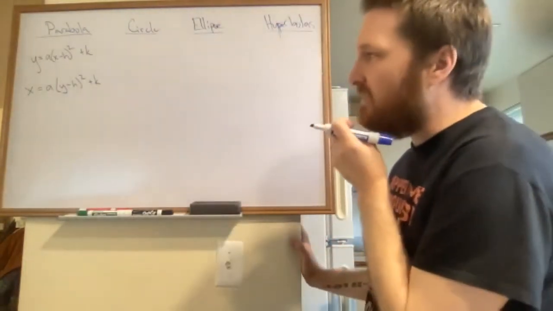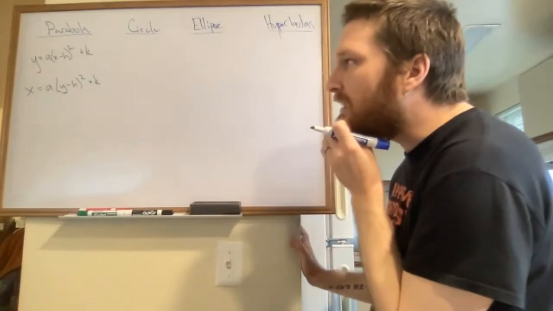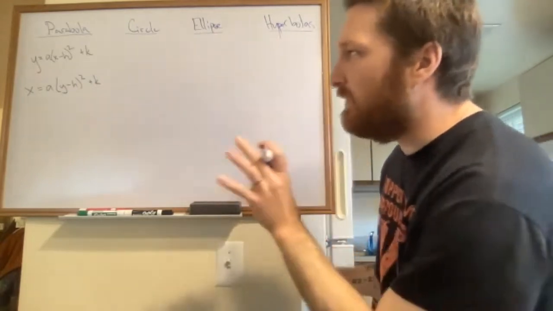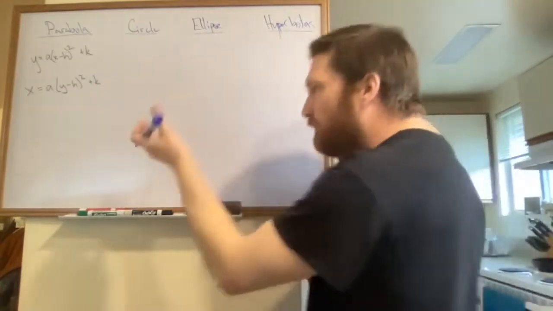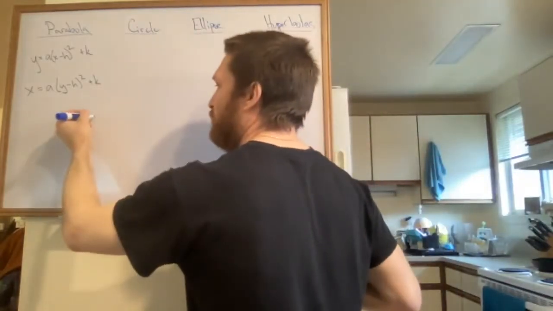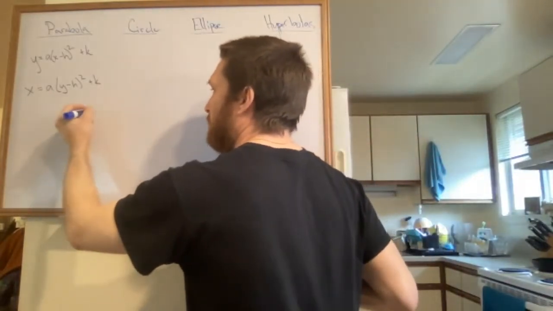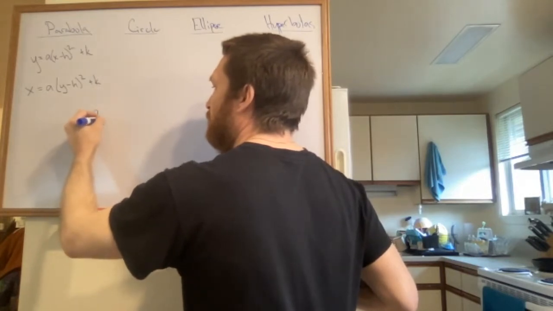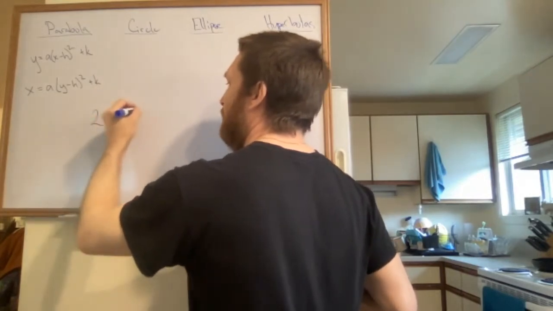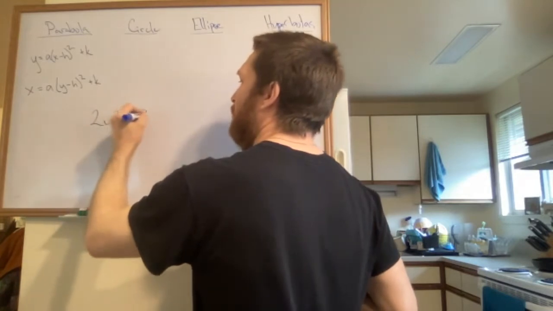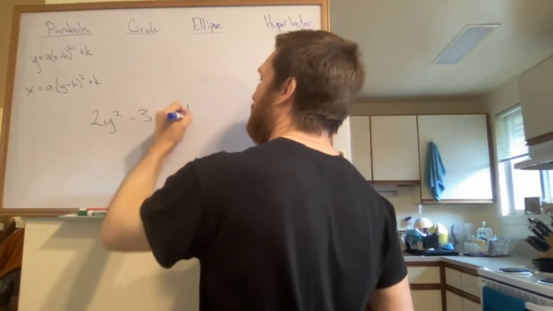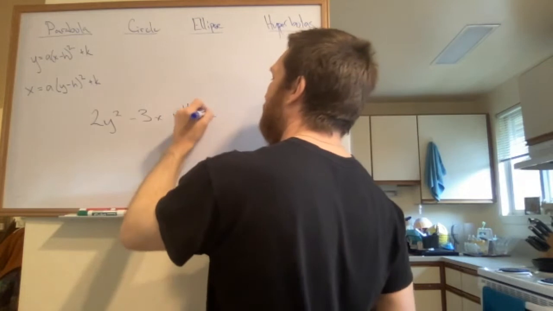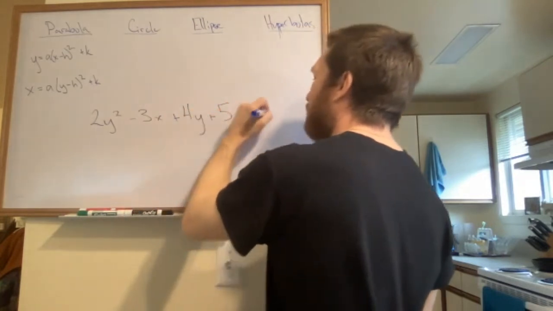Because it's possible that your parabola, like we talked about in class, could be a general equation like this: 2y squared minus 3x plus 4y plus 5 equals 0.